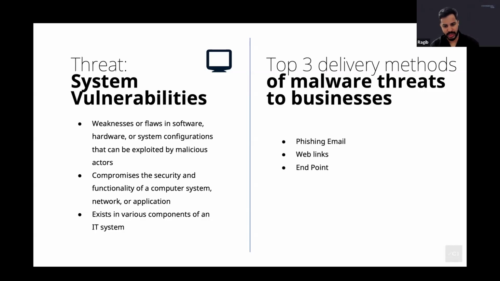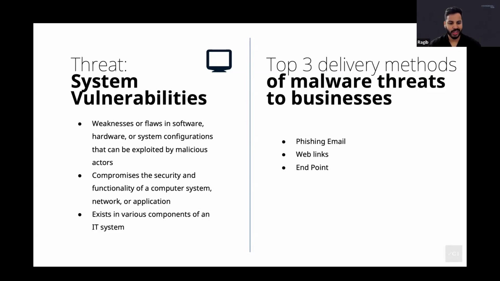So these vulnerabilities exist everywhere in our IT system: your operating system, your applications, your network configuration, even your cloud settings, right? Again, talking about the Equifax breach, that started with just one unpatched vulnerability. The real challenge is that some vulnerabilities come from program errors, so basically bugs in the code that create backdoors for viruses.